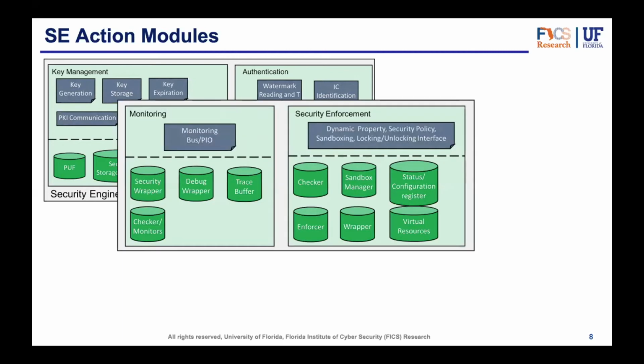A few more examples: monitoring of security policies and rules. That requires accessing trace buffers, placing hardware monitors, new types of hardware monitors, debug interface, and secure interface. In terms of security enforcement, which is more of a dynamic security property enforcement, that requires sandboxing each IP core.